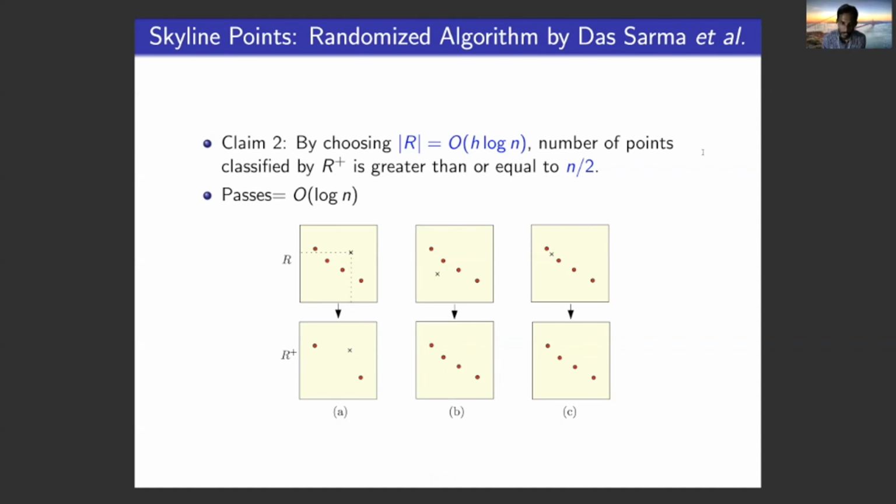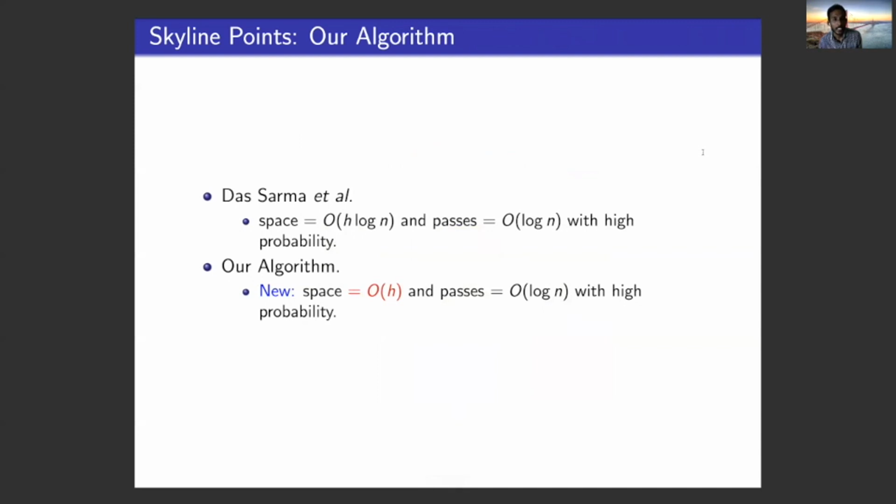Right? So in summary, what Das Sarma et al. do is their algorithm uses h log n space, and the number of passes is log n. And now the crucial contribution in our paper is that we are able to improve upon their space complexity. We don't need h log n space. We claim that order of h space is enough.